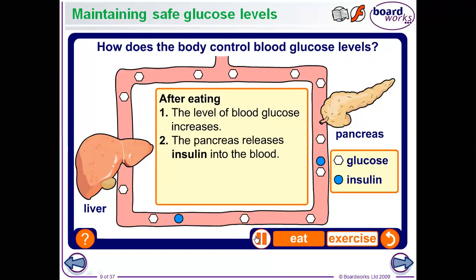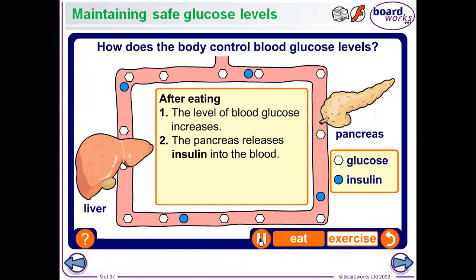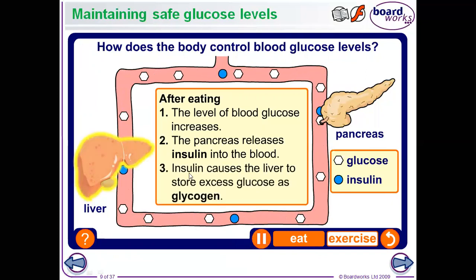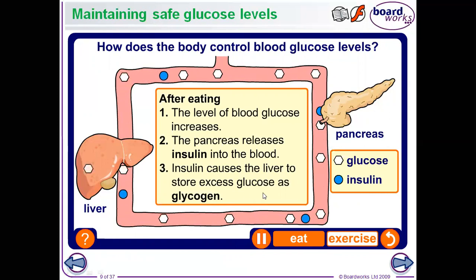Now the insulin. You can see here, these are glucose and this is insulin. The insulin's function is to decrease the glucose level in our body. So how will it decrease the glucose level? You can see here. Insulin causes the liver to store excess glucose.